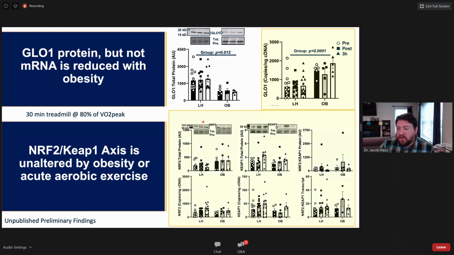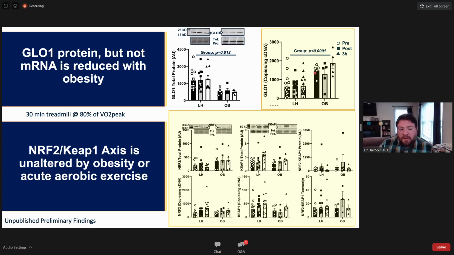If you draw your attention now to the lower panel, you can see the NRF2, KEAP1, protein, and also NRF2 and KEAP1 gene expression. We don't observe any statistical differences between lean healthy controls and obese individuals with regard to NRF2 or KEAP1, which was contrary to our hypothesis given that GLO1 transcript is elevated.